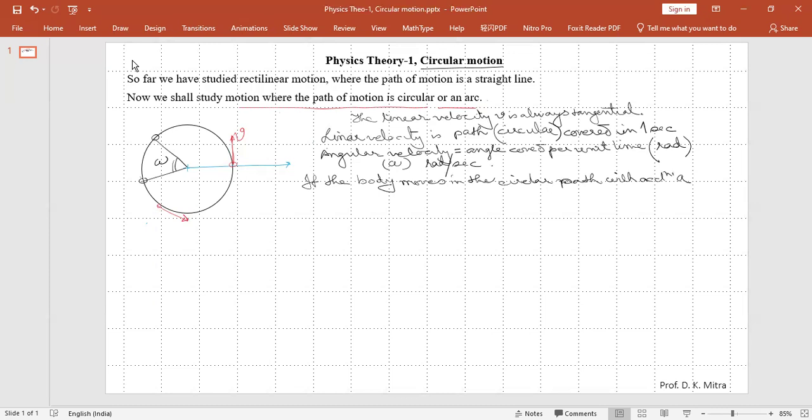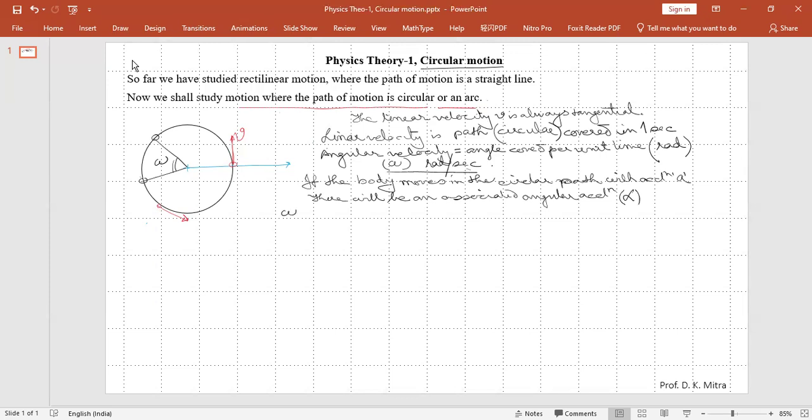If the body moves in a circular path with acceleration A, then obviously there will be an associated angular acceleration, normally denoted by alpha.